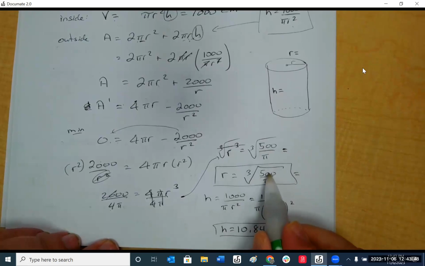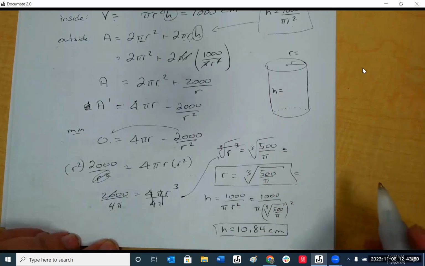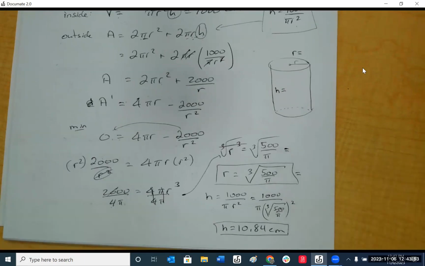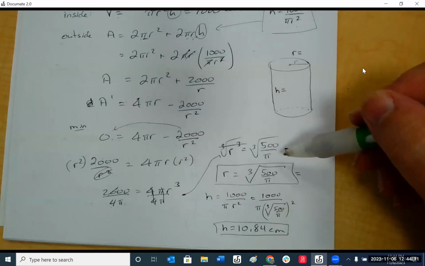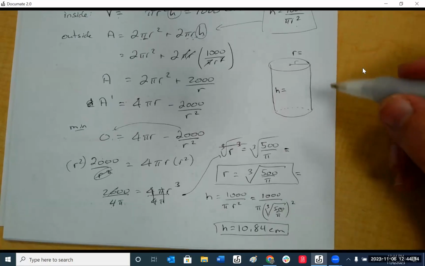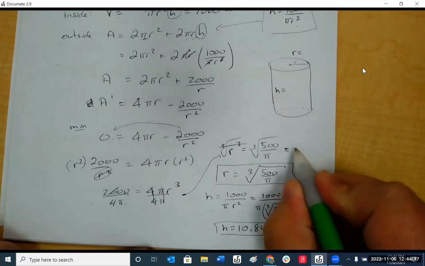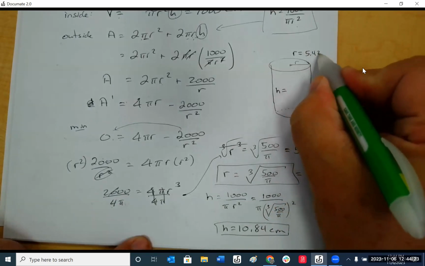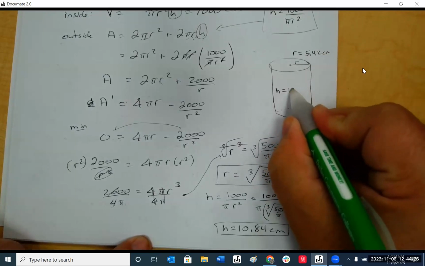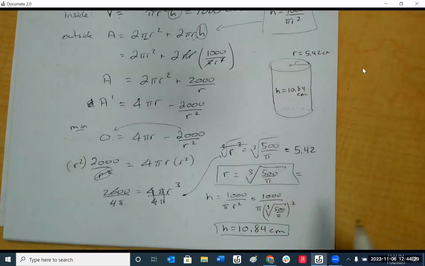This one here, 500 divided by pi, cube root. For the radius, I got 29.37. Or never mind, hang on one sec. I squared that. So let me just do the square root on that. It's actually going to be 5.42. Okay, so this is 5.42 centimeters, and this is 10.84, which is what that picture said.